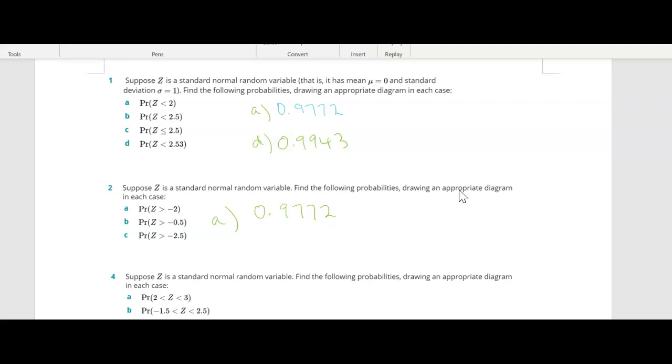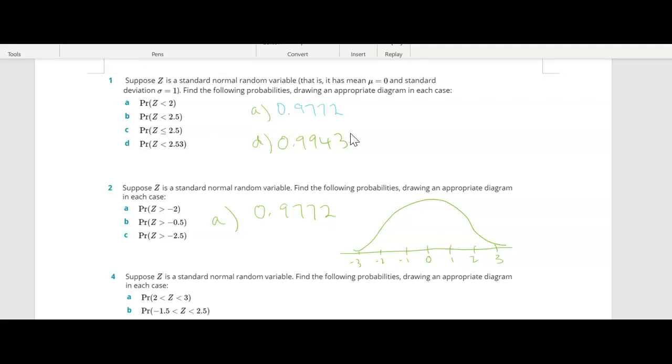If I was to draw a diagram for this one, there's my mean of 0, so -1, -2, -3, and then 1, 2, 3. I'm using those values because my mean and my standard deviation are standard.